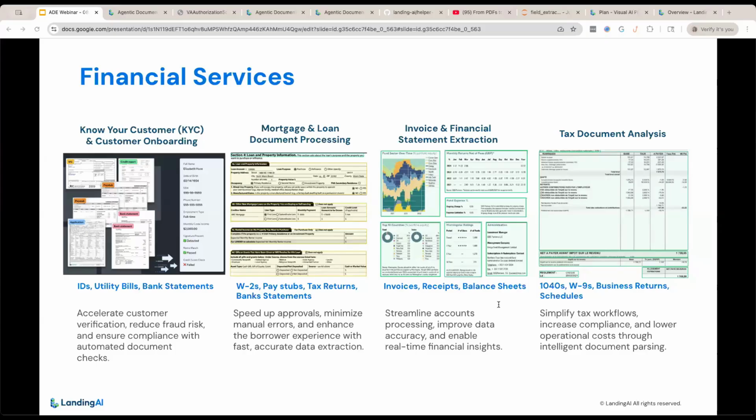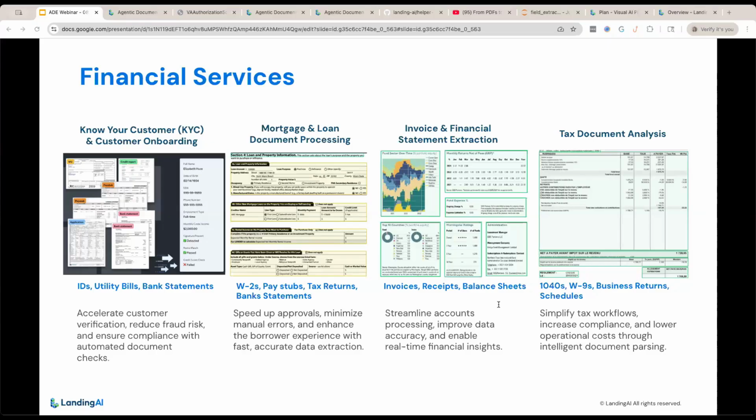And then looking at mortgage and loan document process, which we'll go into in a little bit more detail, all of the different W-2s, pay stubs, and tax returns that you're working with there, as well as financial statement extraction and analysis, looking at receipts and balance sheets to improve accounts payable accuracy and enable real-time insights.